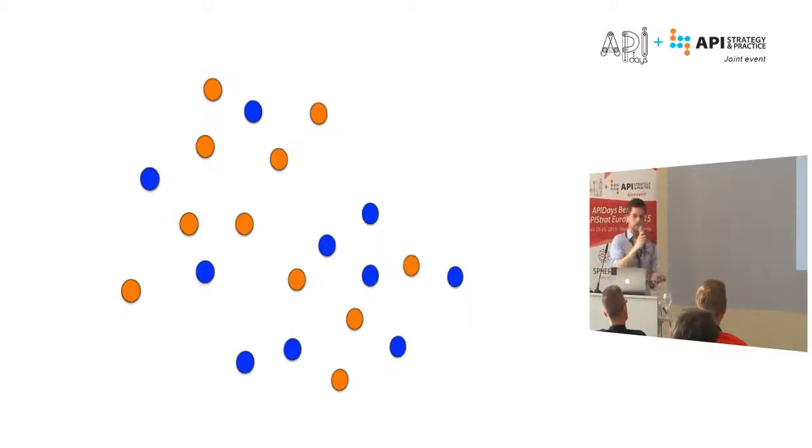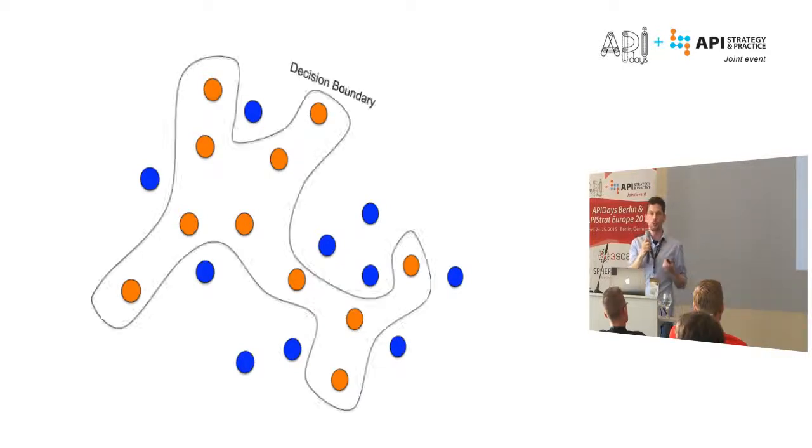But how about here? Again, the orange dots are faces, the blue dots are non-faces. This looks much more complex now. Now we have a feature expression where you cannot find an easy solution to the problem. And then you come up with something like that, the decision boundary. So the model that you train now looks much more complex.